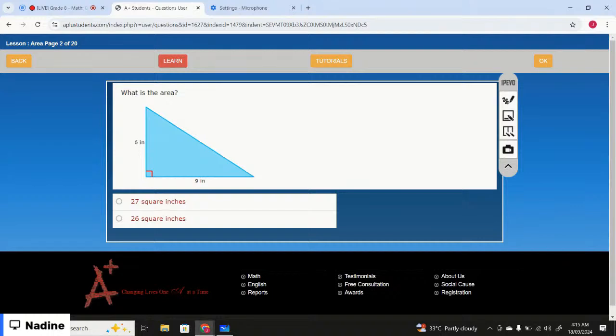What is the area? Which is the correct option? 27 square inches it is, right? Option number 1 is the correct option.